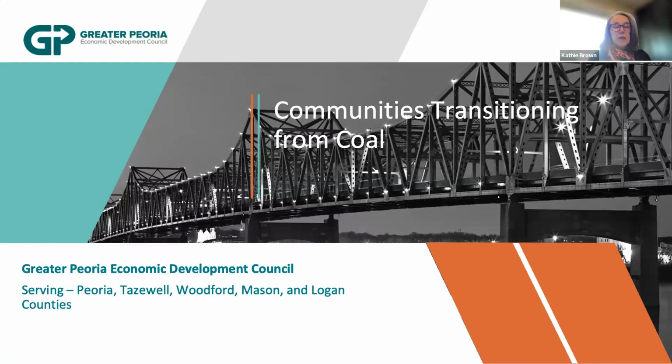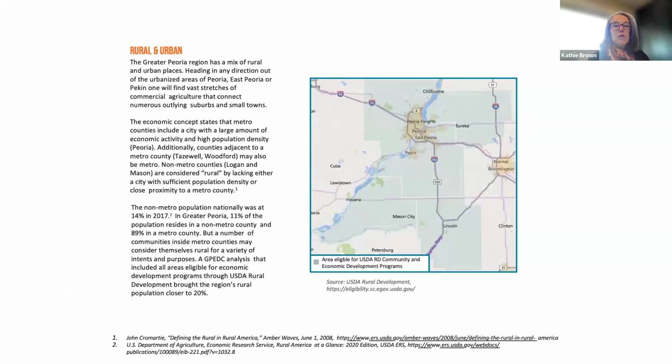I know when anyone thinks of Illinois, they think of Chicago. The next slide really tells the story in terms of how diverse we are, though. Our economy is really shaped by transportation networks that you see there. River, road, and rail are a big part of our regional economy.